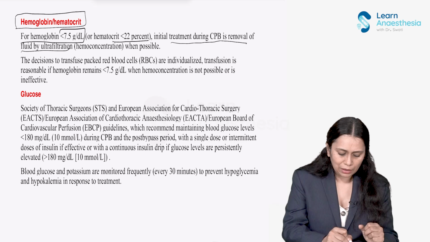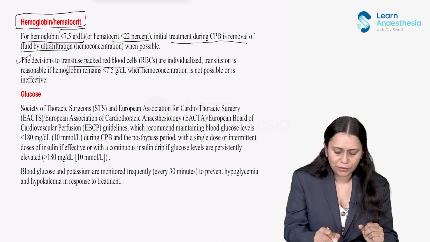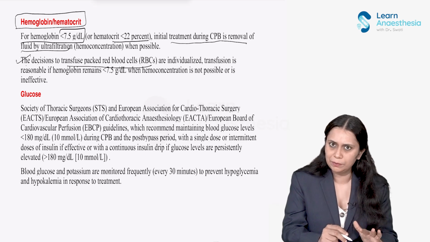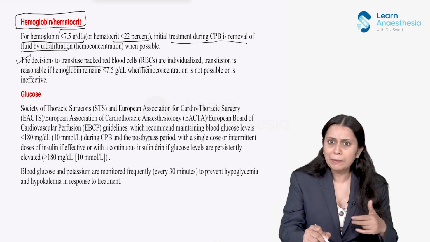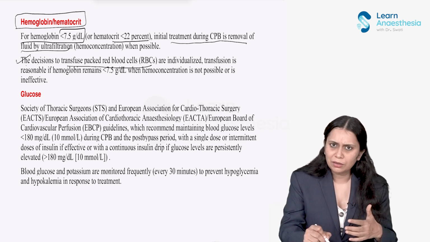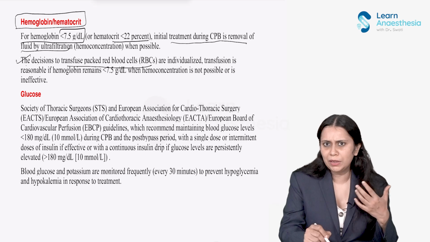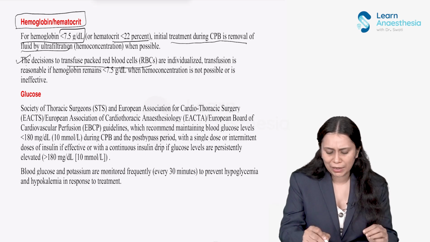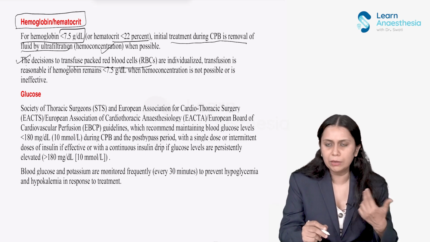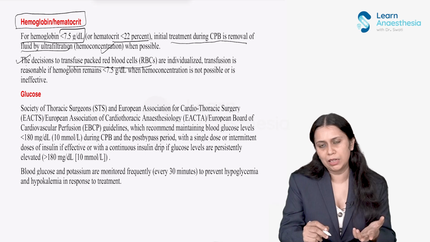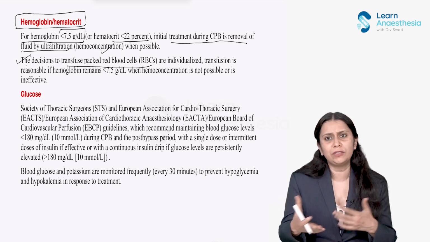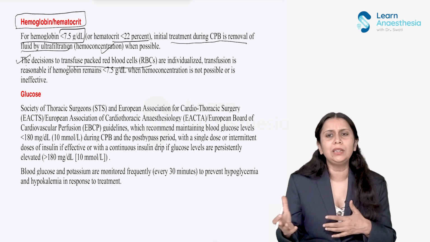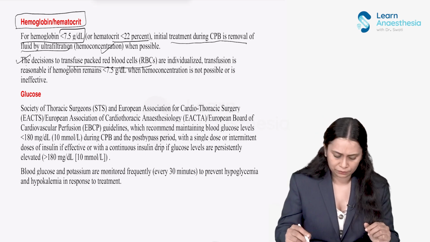Okay. The requirement to transfuse PRBC during CPB should be individualized. Transfusion is required or not, it should be according to the procedure. If by hemoconcentration we are unable to maintain the hematocrit, or even after doing all the measures we are unable to maintain the hematocrit, then only the blood transfusion has to be done.